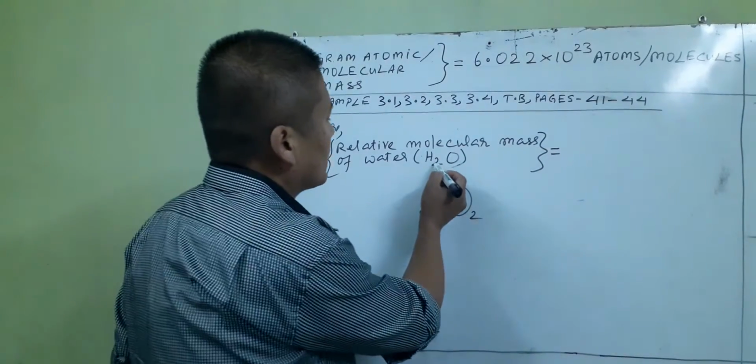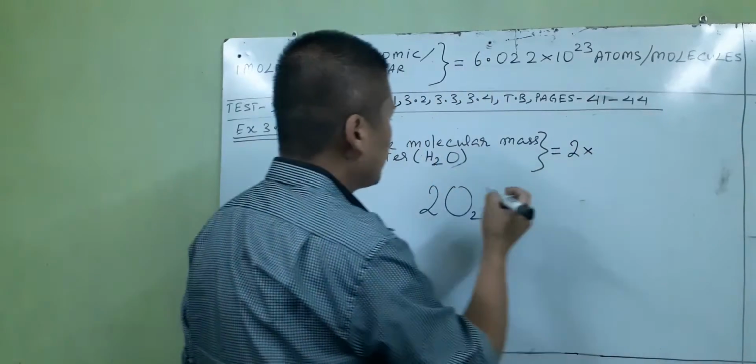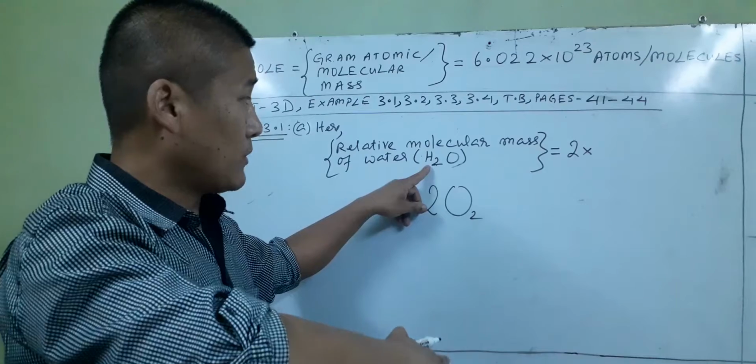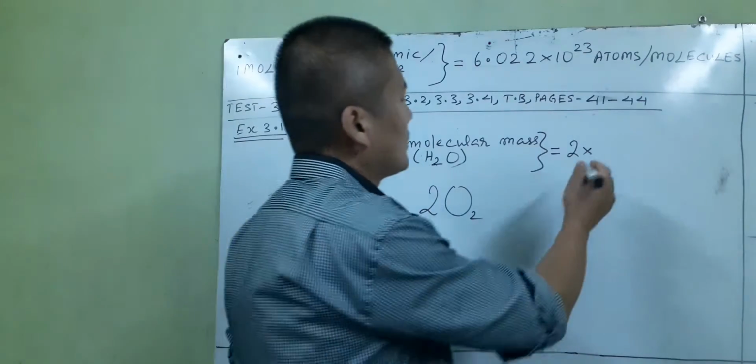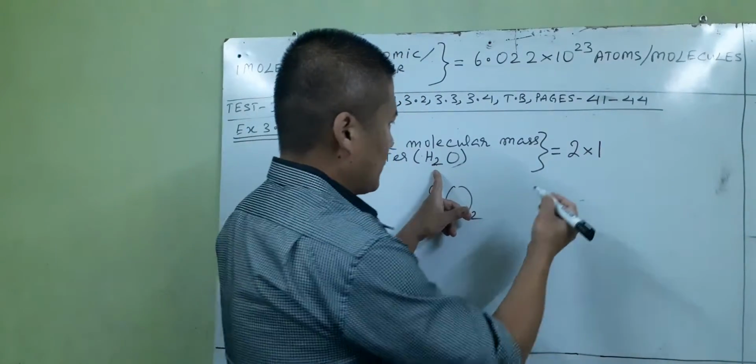So there are 2 hydrogen atoms in water, so we write 2 and then put a multiplication sign, then go to page 37 of your text. There is a table of atomic masses, and we know that 1 hydrogen is 1 U. So 2 into 1, because there are 2 hydrogen atoms.